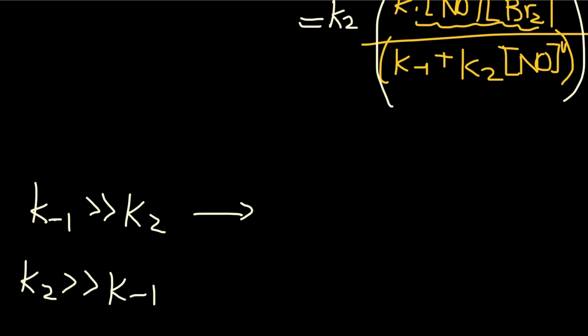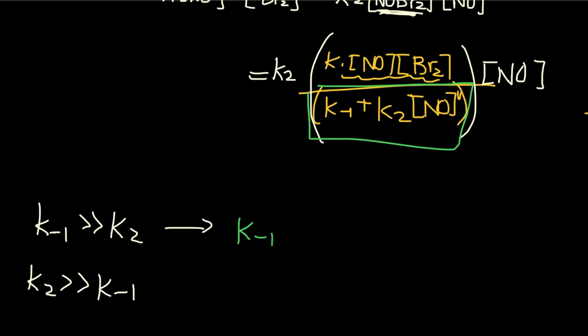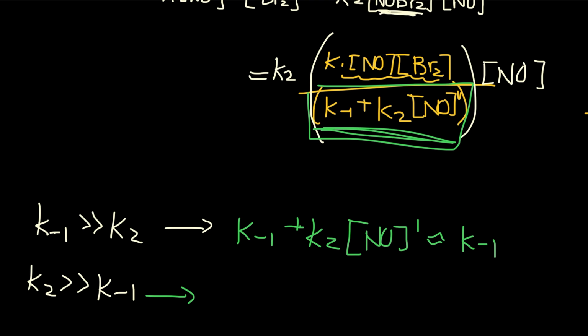So if this were the first case, we would just say in the placement of this, we would write instead that K1 would just be in the denominator, since K1 plus K2 is pretty much just K negative 1. And for this instance, we were just saying these 2 plus together, this is so negligible, it's basically just this remaining.